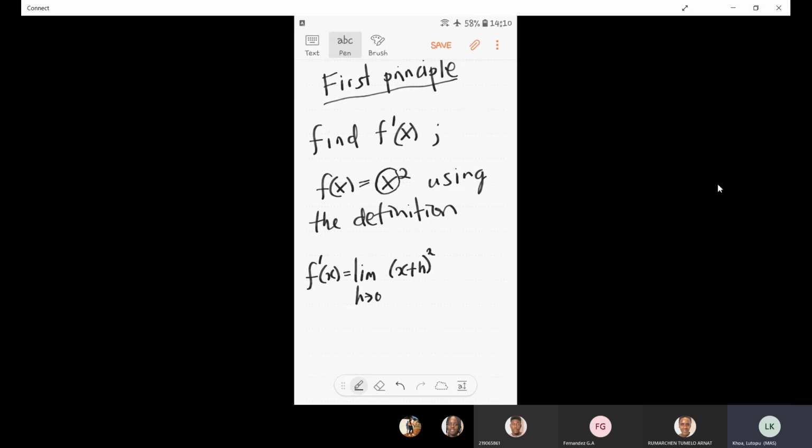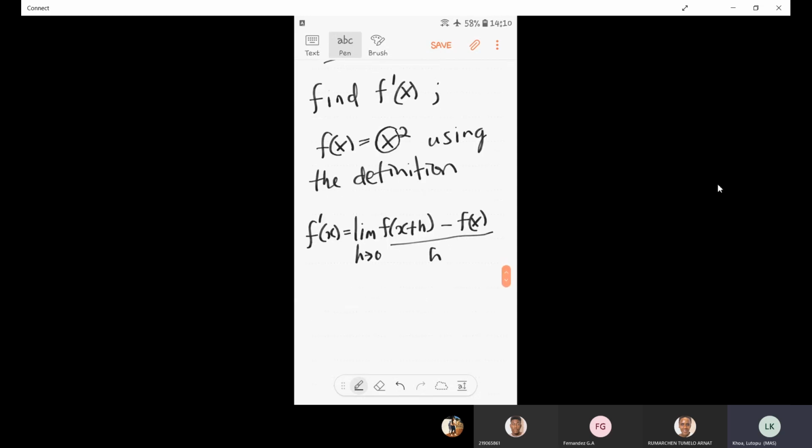You can substitute other functions and other variables into the function. So let me write the formula first: f of x plus h minus f of x, over h. This is the definition of the derivative, f prime of x.